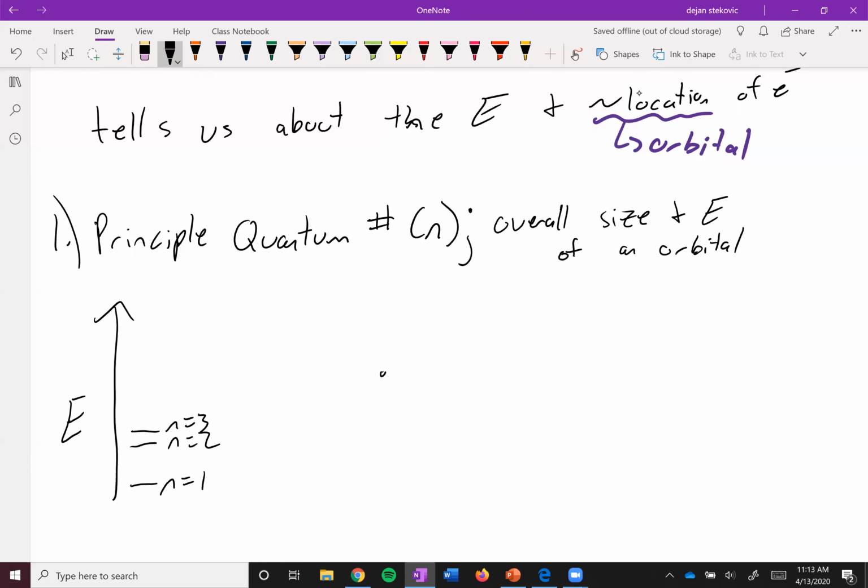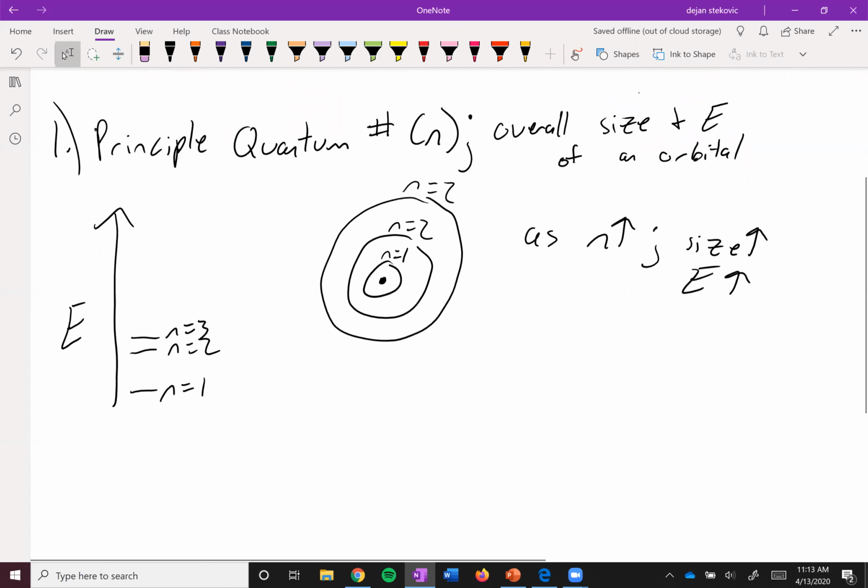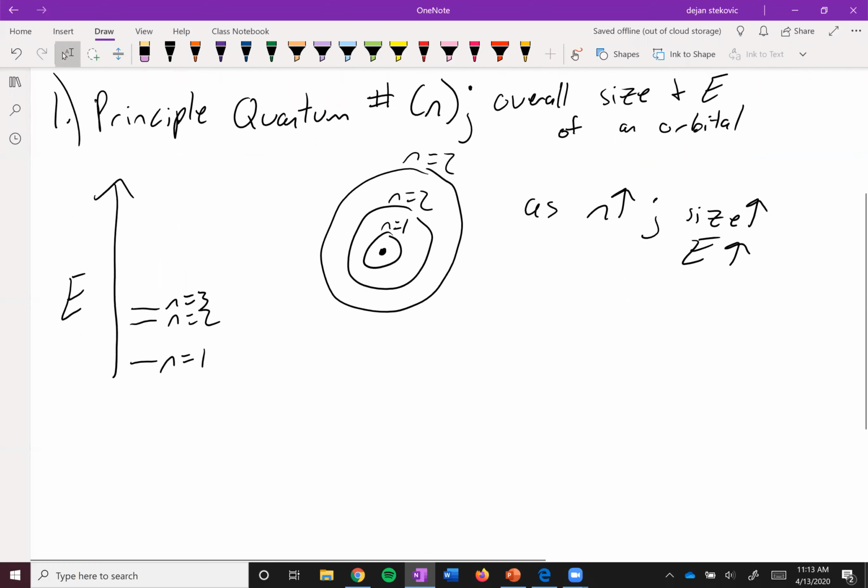You can think about what it means in terms of the Bohr model. It's not totally accurate, but it's pretty close. You have n equals 1 here, and as we get further out, we get higher energy and our orbitals get bigger. So as n increases, size increases, and the energy of that orbital increases.